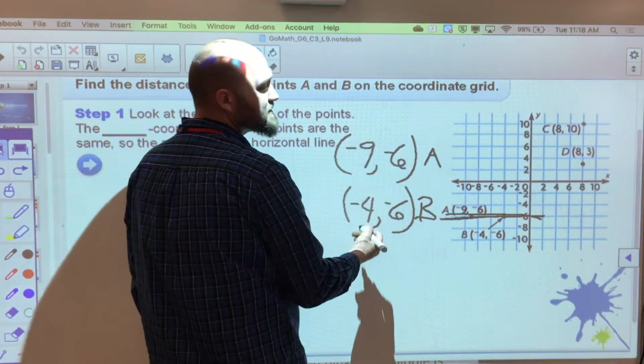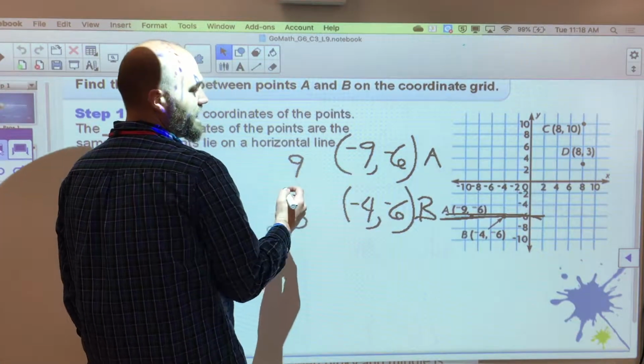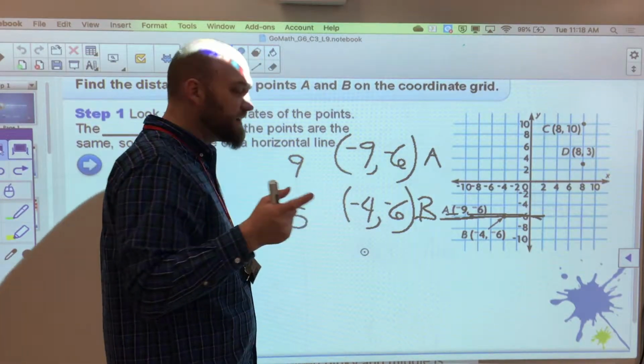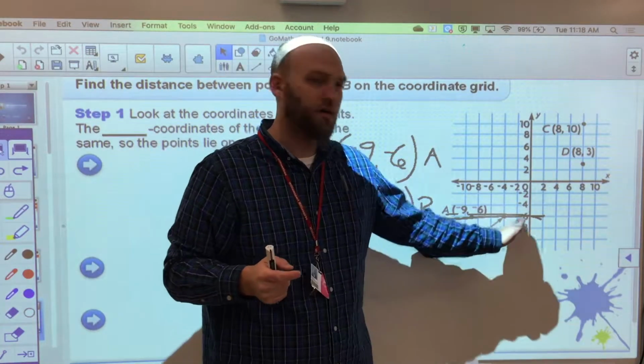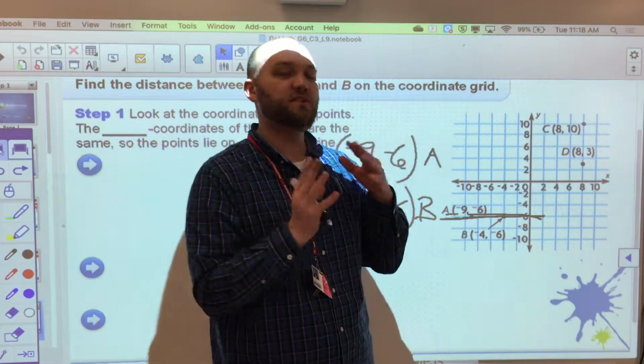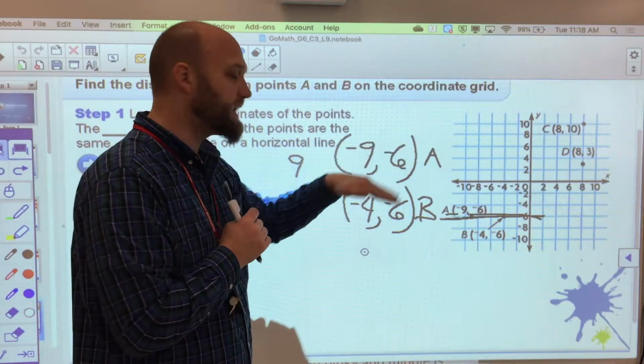Or if I looked at the absolute value, I'm taking 9 away from 0, and that gets me to this point, and then I want to take away the difference to negative 4. And it's absolute value, right? Because once I start adding and subtracting negative numbers, this changes. But I'm looking just at distance right now.